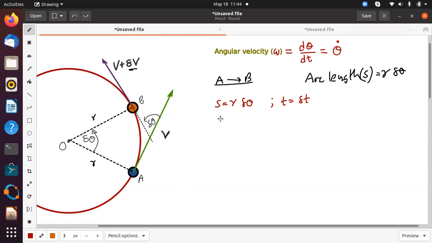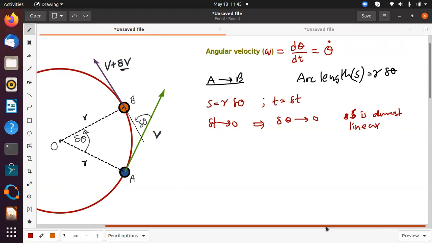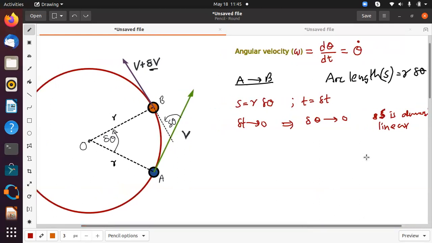As delta t tends to 0, you can see that B is almost close to A. So we can assume the arc length is almost linear. If it is linear, you can use the equations of linear motion. The arc length is S.